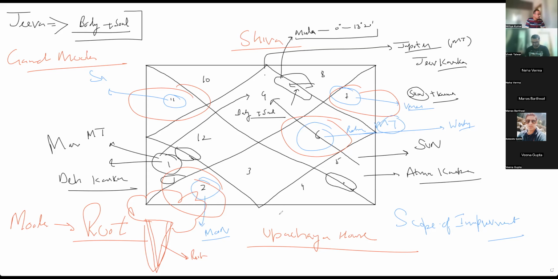Moola is root. When you go deep, when you go really deep and trying to analyze something, that is Moola. So if you have planets in the Moola, you have habit of going very deep into a particular concept and try to understand that concept.